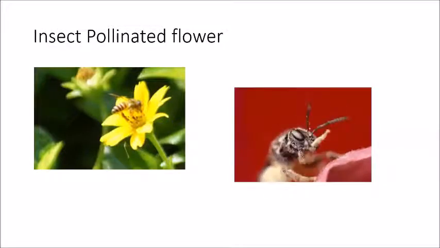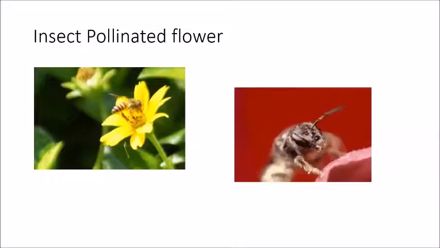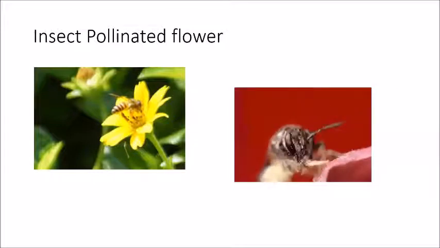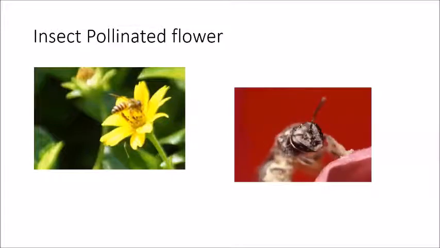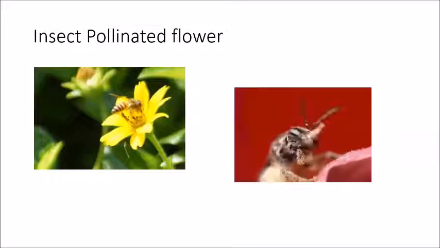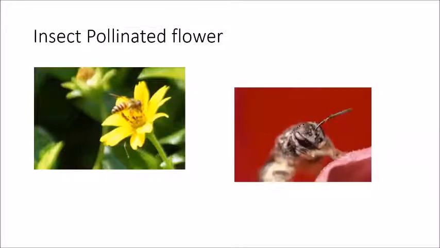Okay, so basically what's happening is you have a plant that's trying its best to attract insects towards it. The petals are going to be the first thing that catches the insect's attention. Or it could be a combination of the petals, the size of the petals, as well as the smell that the flower is giving off.